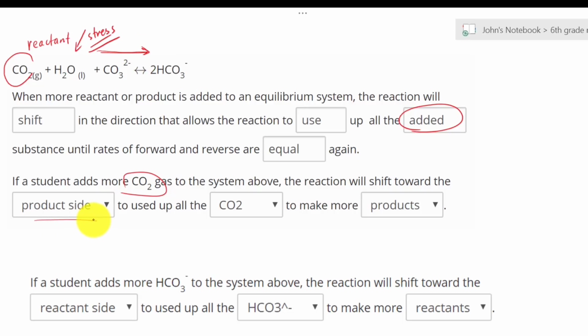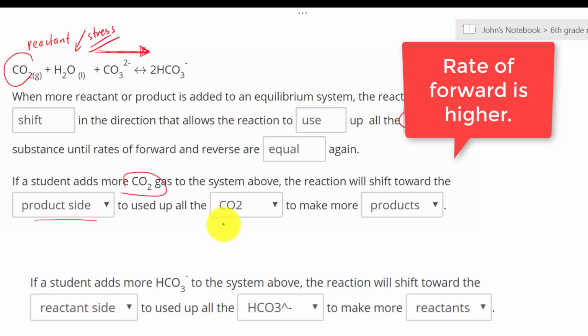Okay? Remember, the forward and reverse are happening at the same time. But when you add CO2, now it's going to go toward the product side more, in order to balance that stress, okay? And in the process, it's going to use up all that CO2 that's being added to make more product.